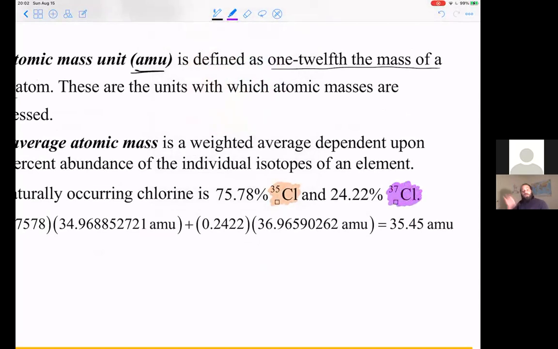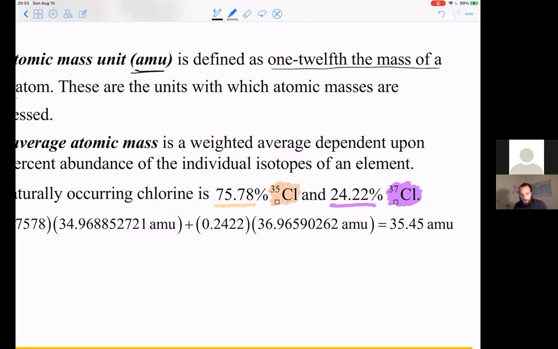If you looked at all the chlorine atoms on Earth, it turns out that 24.2% is chlorine 37, and 75.78% is chlorine 35. So that's what we're going to try to account for in our calculations.